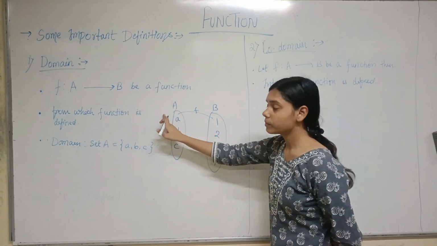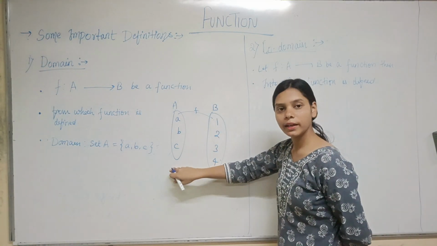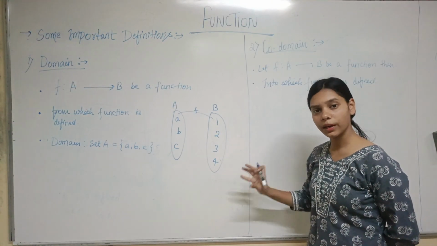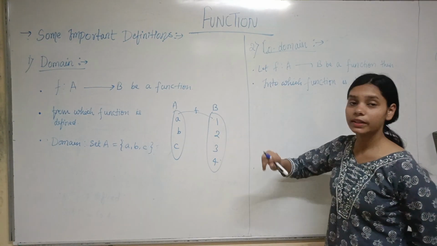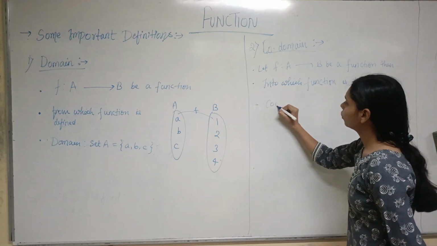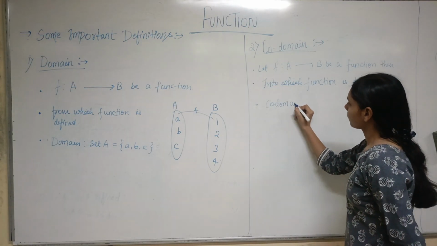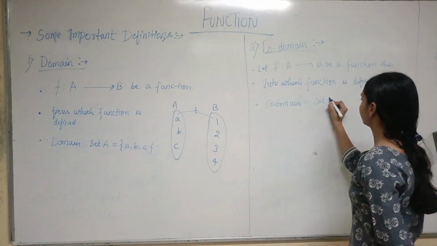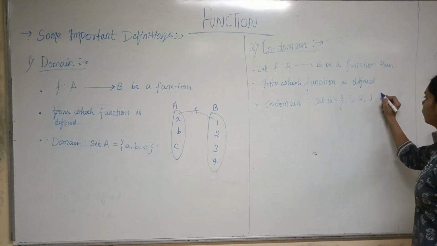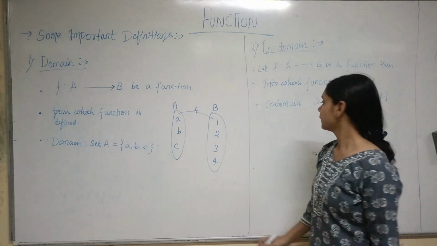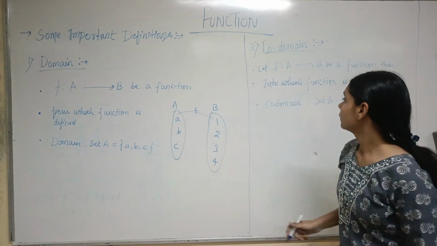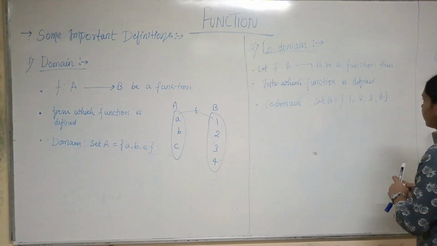F is a function defined from set A to set B. This set A is called the domain and set B is called the codomain. So the elements in the codomain are 1, 2, 3 and 4. So codomain is equal to set B, 1, 2, 3, 4. Right? Codomain set is B and domain set is A. Now, move towards the next definition.